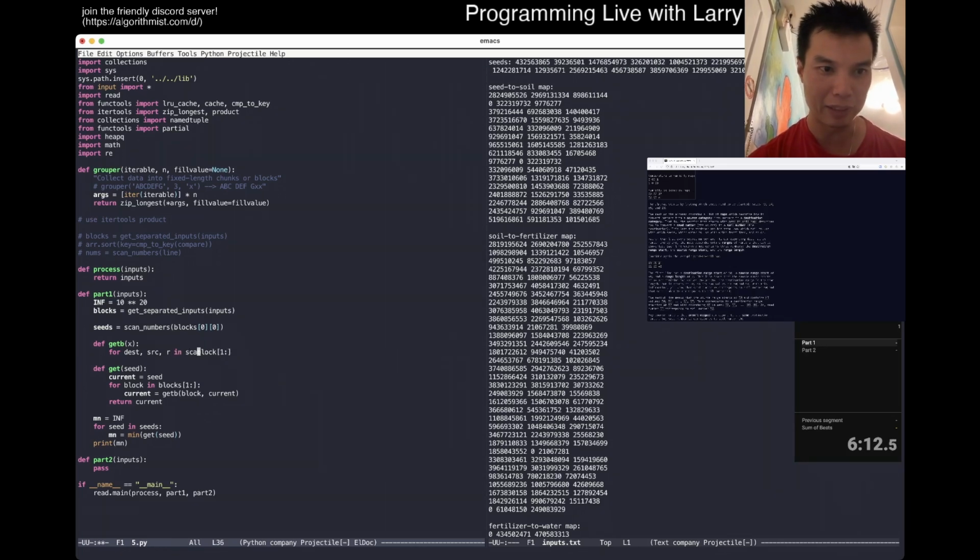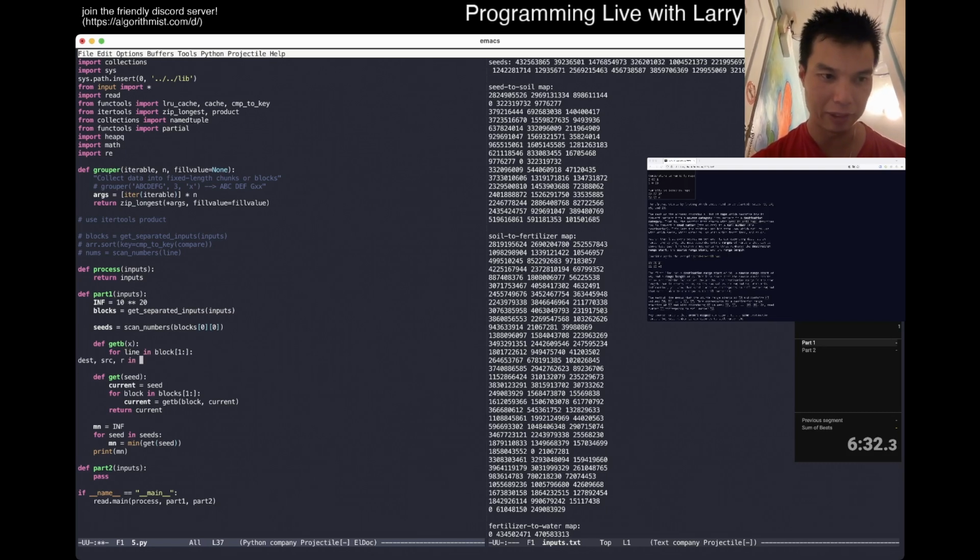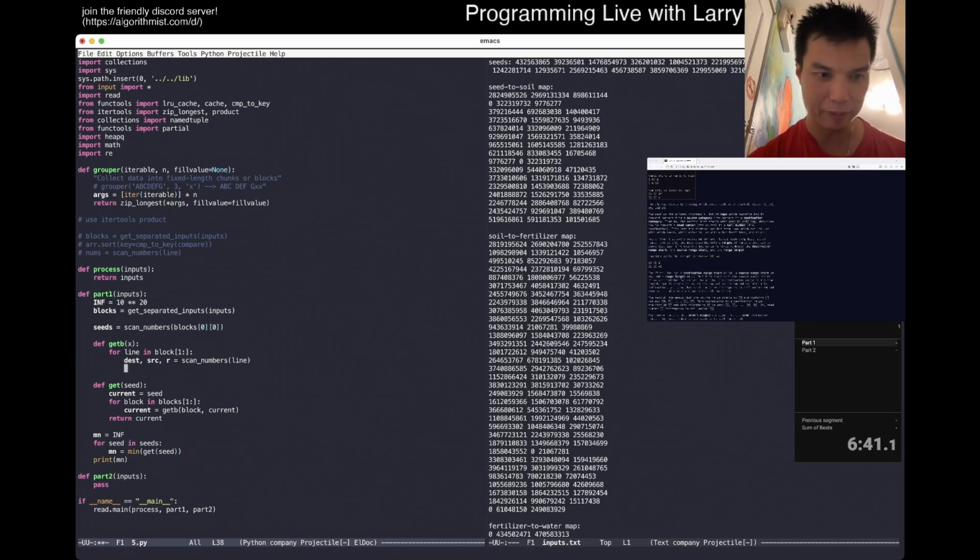In scan numbers, I don't know if I'm writing it correctly. Whatever. So it's equal to scan numbers of line. Right. Let's print it real quick.